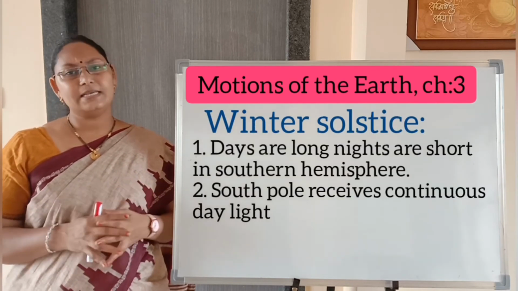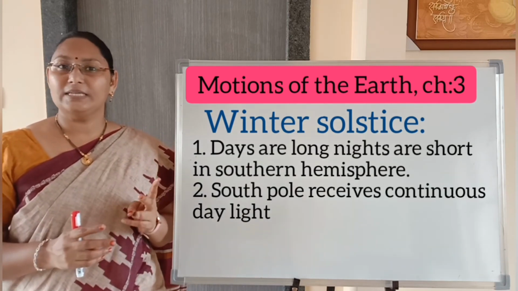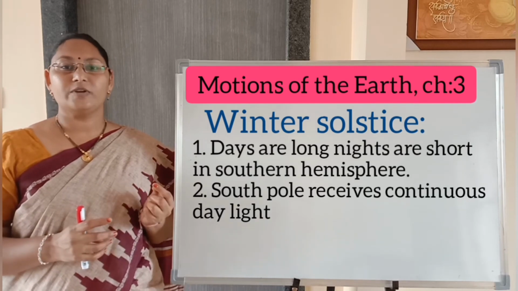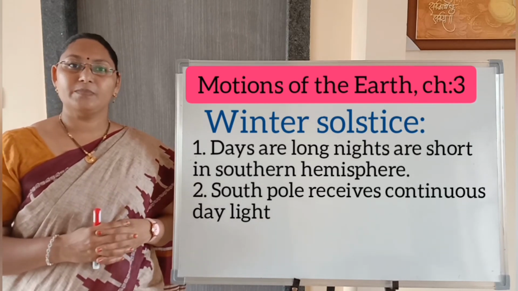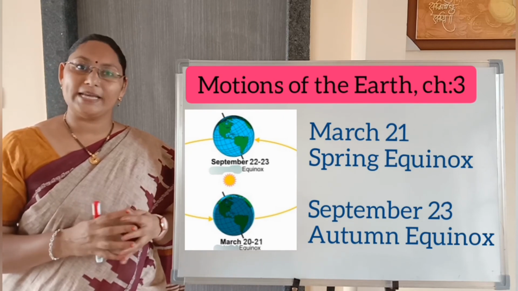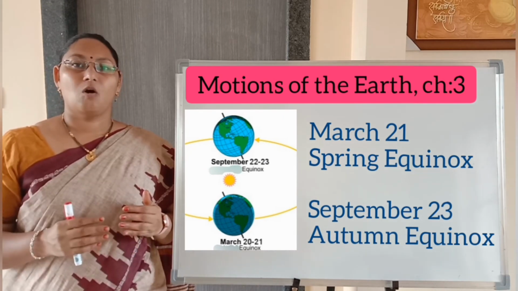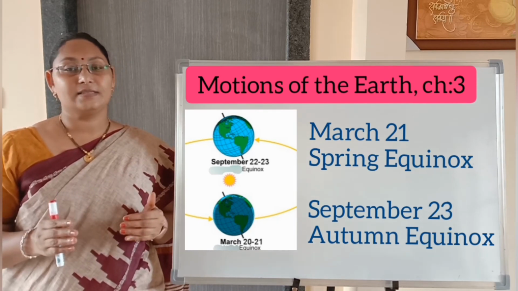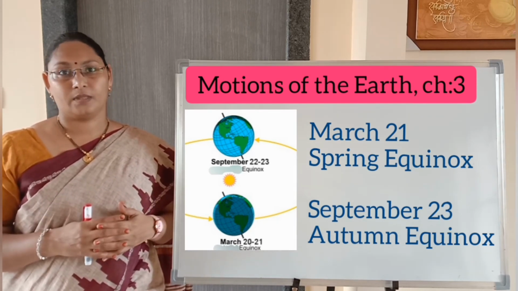Okay. There are two more important dates. Those are March 21st and September 23rd. What is the specialty of these two dates? On these two dates, neither of the poles experience the sun rays.